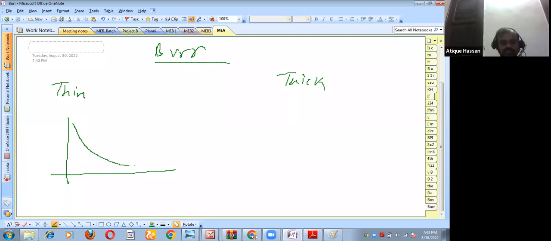It will be like this. B versus R graph. But for thick wire, it will be like this. First, it will go like this, and then it will be like this.